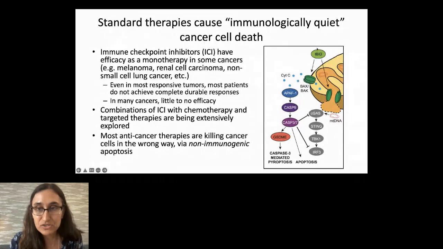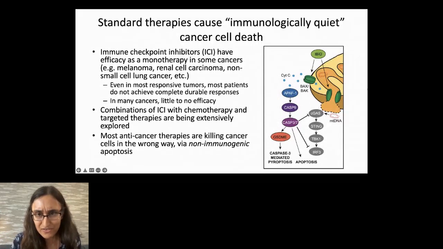And what happens, you can initiate this cascade with truncated BID. It's BAX dependent. You have outer membrane permeabilization of the mitochondria and release of cytochrome C, and then you have this apoptotic cascade. And if some mitochondrial DNA leaks out of the mitochondria, the apoptotic cascade actually inhibits cGAS-STING.